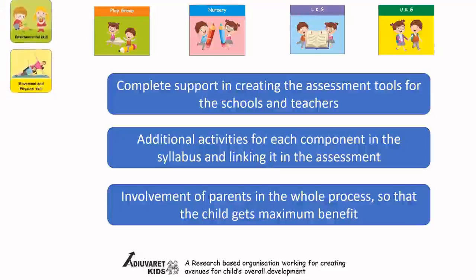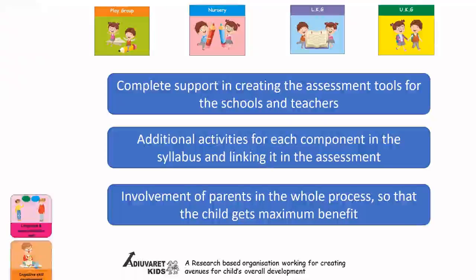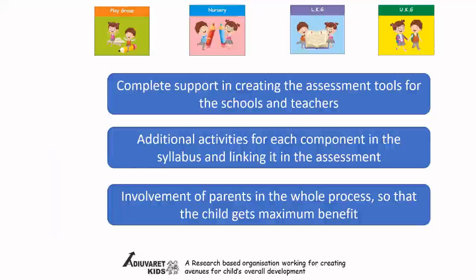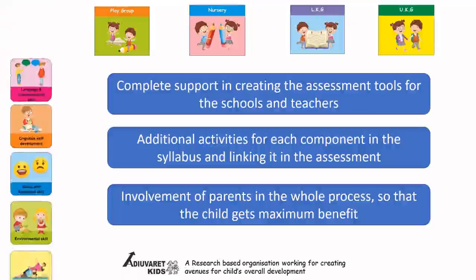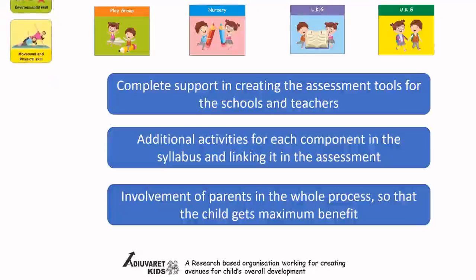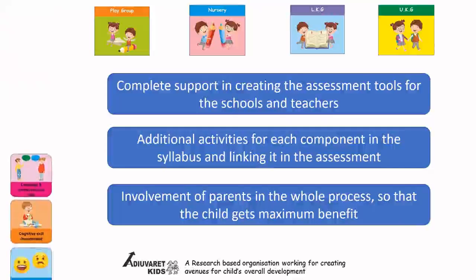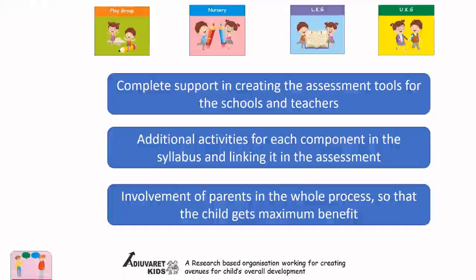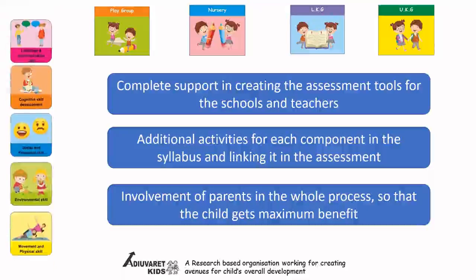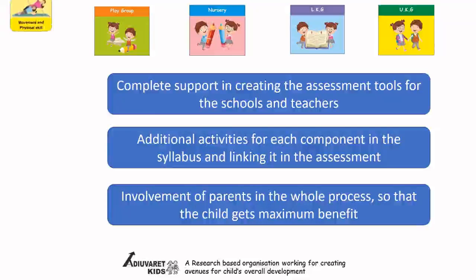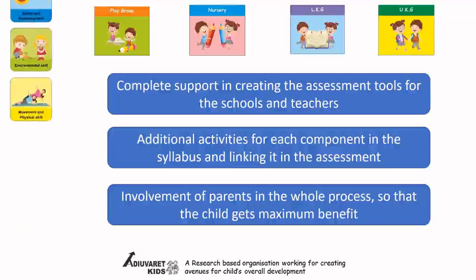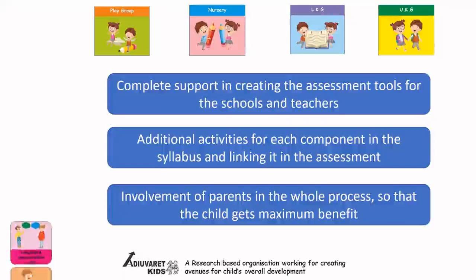Doesn't matter what kind of curriculum is being followed, assessments are very, very important. If assessments are not there and it is not transparent how the assessment is done, each and every parent has the right to know how it is done. It's not enough to say my child is A+ in language skill.